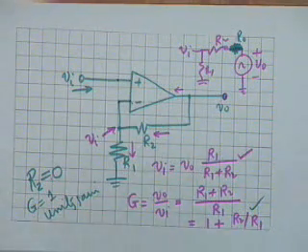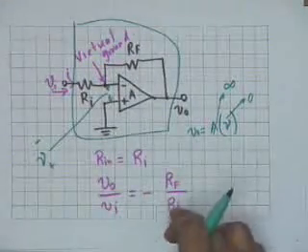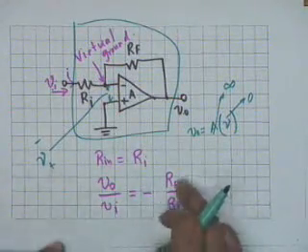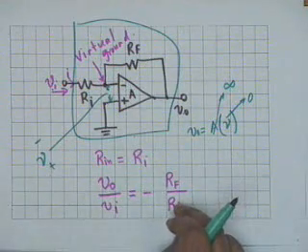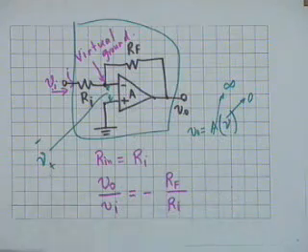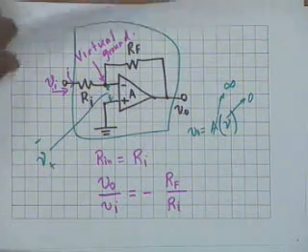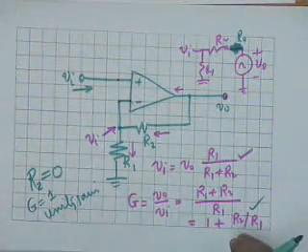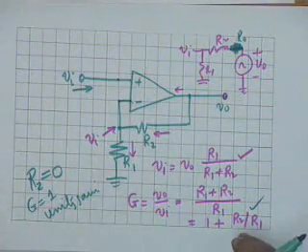Is the point clear? If Rf and Ri were equal, the gain would have been -1. If Rf is less than Ri, the gain would have been less than unity. If Rf is greater than Ri, the gain is greater than unity. Whereas in the non-inverting configuration, it appears that you can only have a gain either 1 or greater than 1.